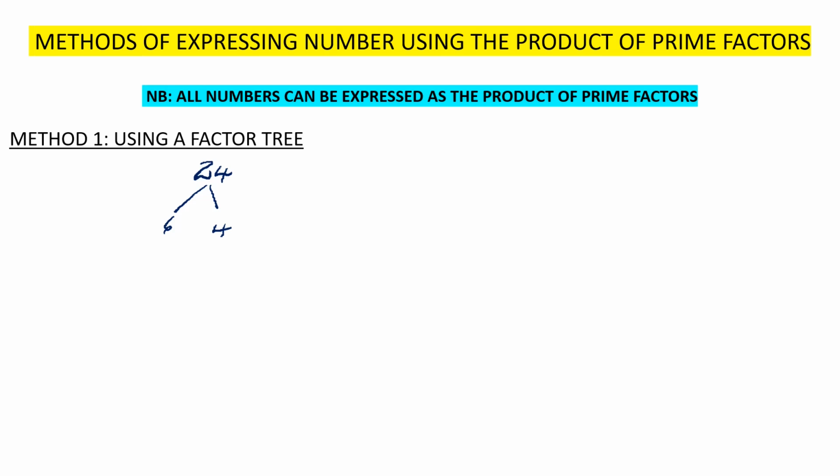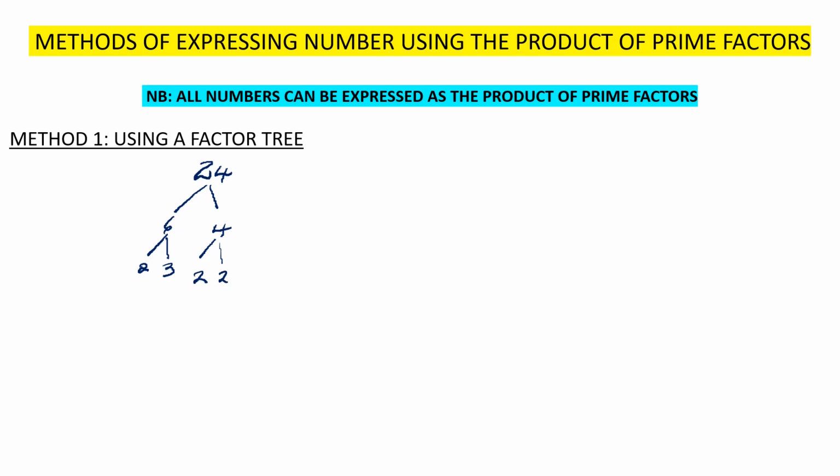Now we are going to break down 6 even further into two factors. So this would be 2 and this would be 3. And likewise 4 would be 2 and 2.